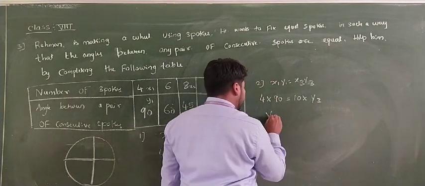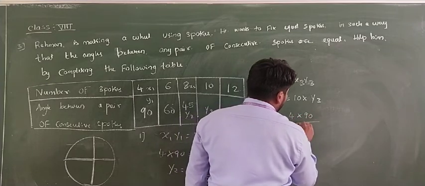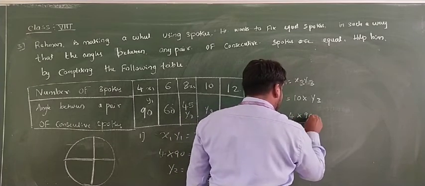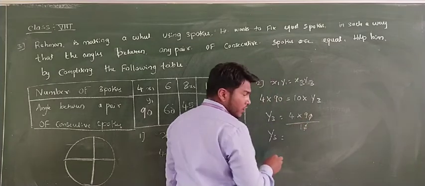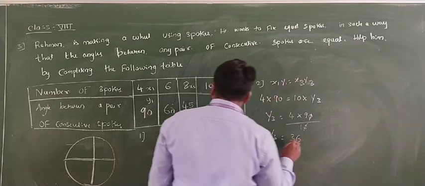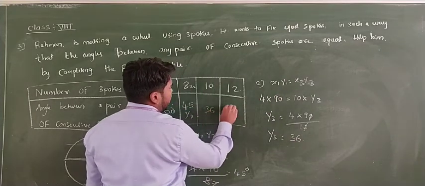Now y3 is equal to 4 into 90 divided by 10. Now the zeros get cancelled, so y3 is equal to 9 fours are 36. So this value we got is 36.